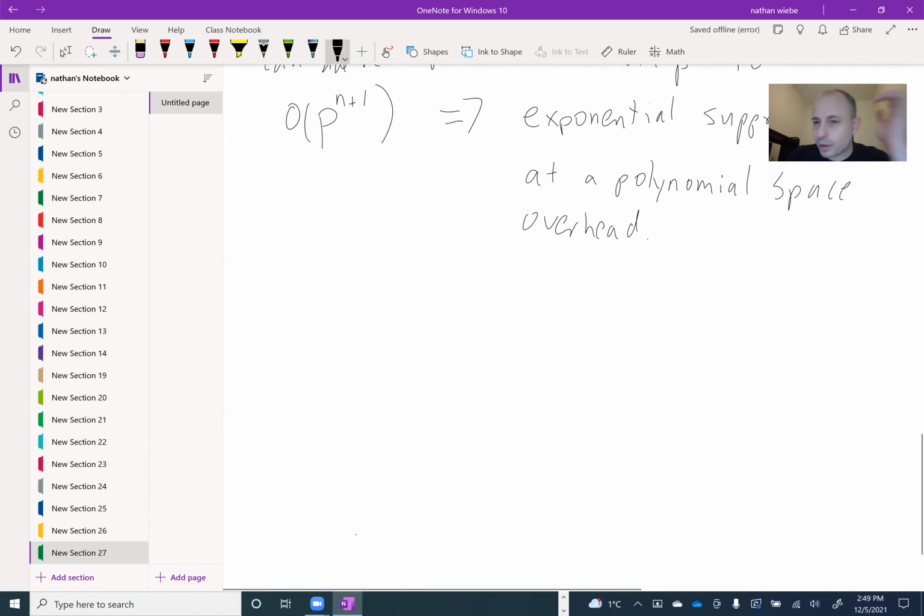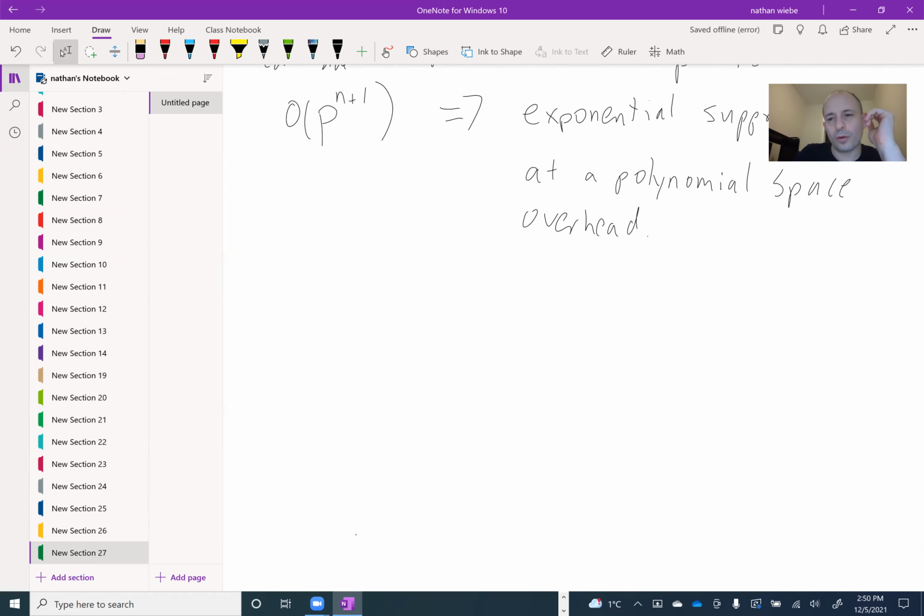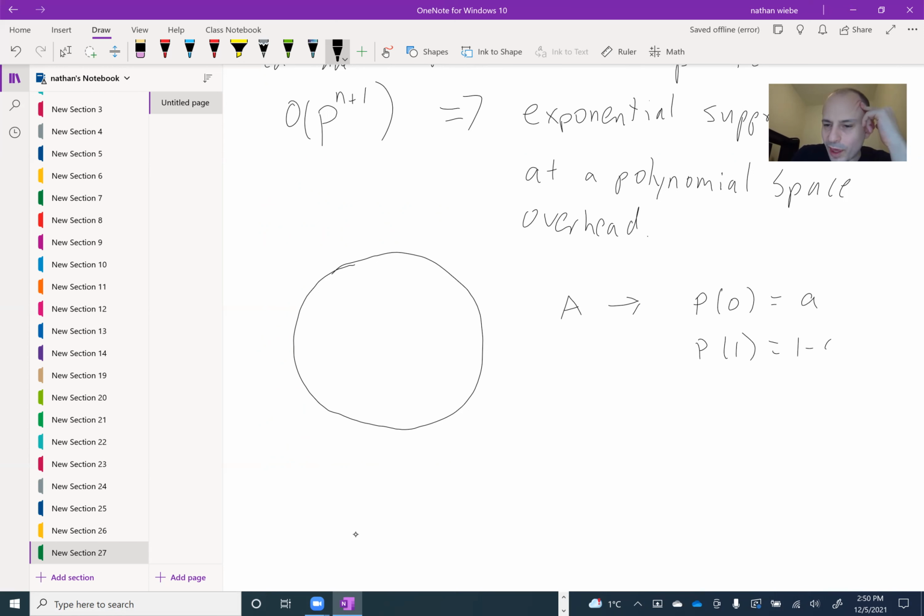So going back to our view of the problem, let's now instead consider Alice sending probabilistic bits across. So now Alice is going to send to Bob a probability distribution. This probability distribution will be P of 0 equals, let's call it A, and P of 1 equals 1 minus A, for just sending a single probabilistic bit to Bob.